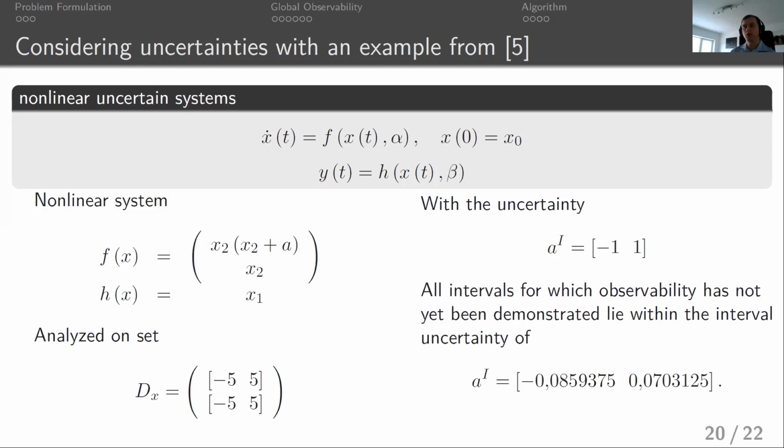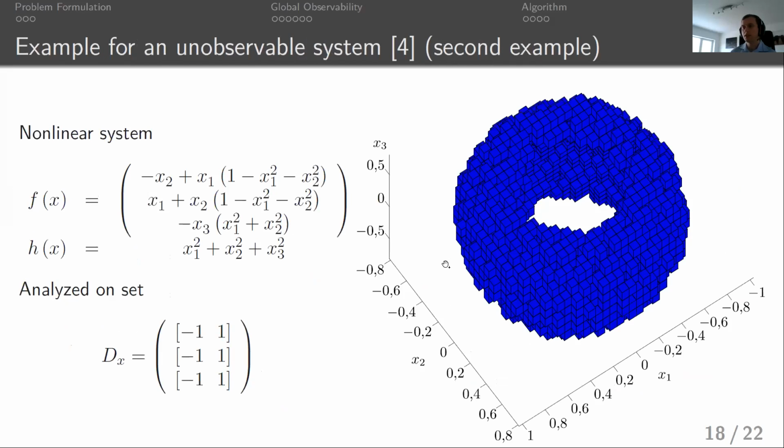No, this is correct. We cannot prove that the system is not observable. We can only prove that some parts of the initial interval vector are observable. And for example, in this case where the system is probably not observable, we also couldn't find any interval, but that doesn't mean anything, because maybe we haven't tried enough Lie derivatives, and if we calculate the 1000th Lie derivative, we maybe find an interval that is observable.